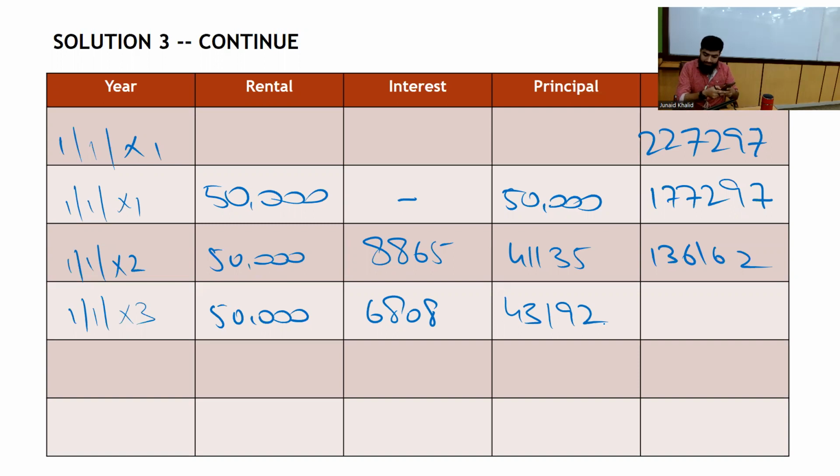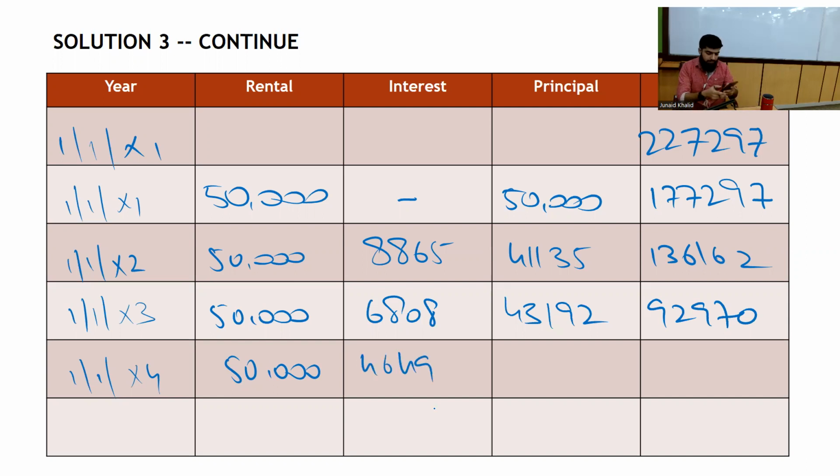It means 136,162 minus 43192 is the amount of principal paid. So the remaining liability would be 92970. On 1st January 2004, 50,000 is the rental, and on 92970, 5% is applied, that is 4649.